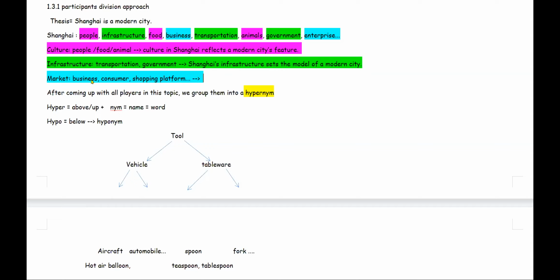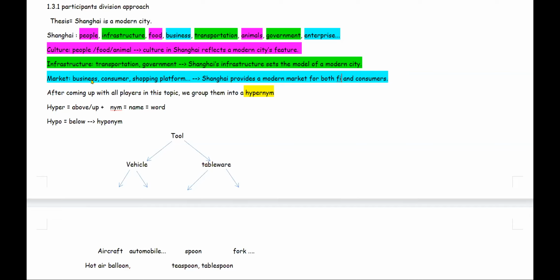So once again, in this group, what I need to prove is what? Shanghai provides a modern market for both businesses, or I would say firms, right?